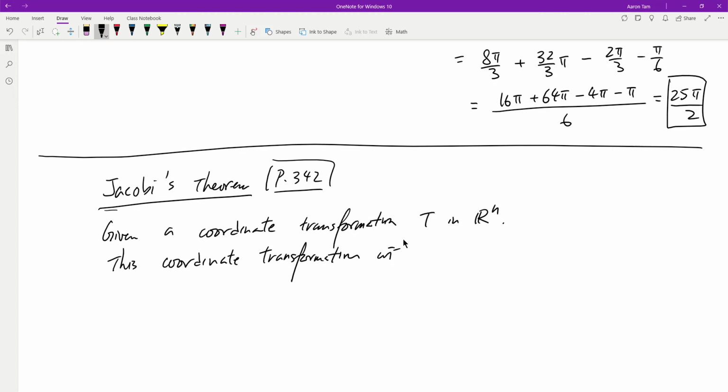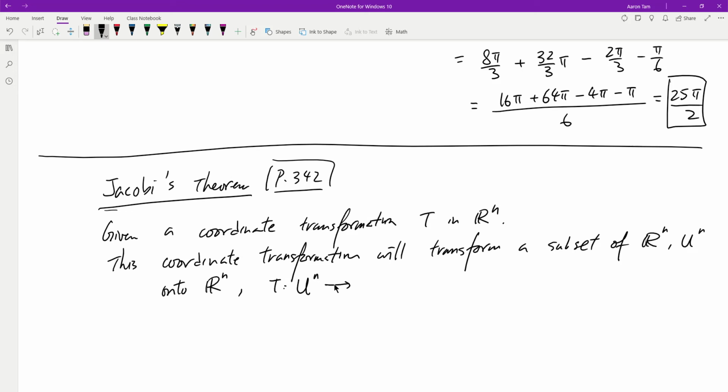And let's say this coordinate transformation will transform a subset of Rn, which we're going to call U^n, onto Rn. So T with a domain of U^n will map into Rn.